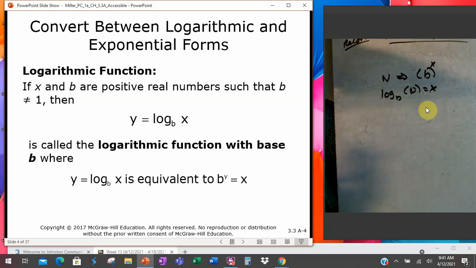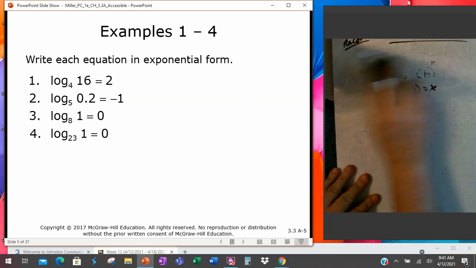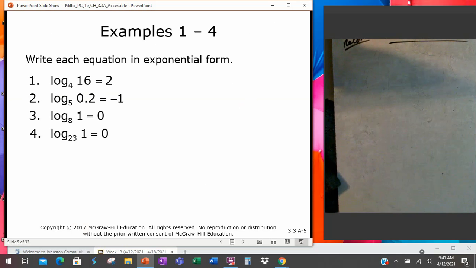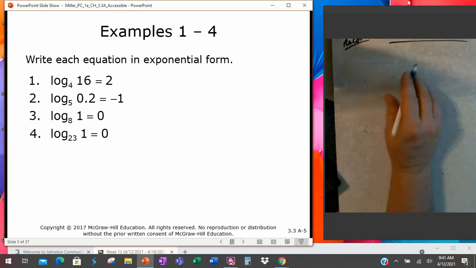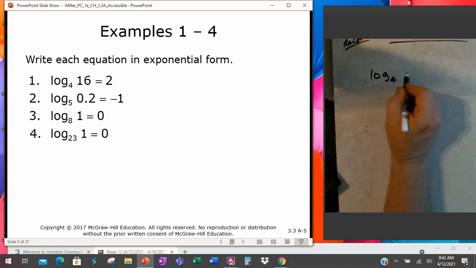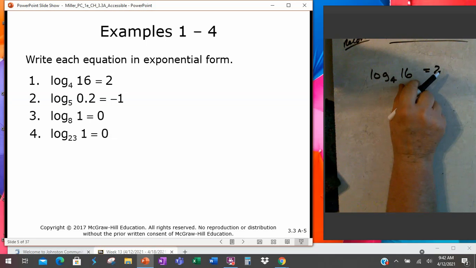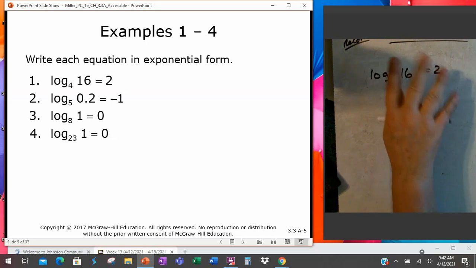Okay, and we'll look at going back and forth between these. So let's go through here, and some of these you're going to naturally be able to pick up. Here's how I'm looking at this. I have a base 4, and the log is equal to 2. I want to represent 16 as a power of 4, and I can do this with any numbers.